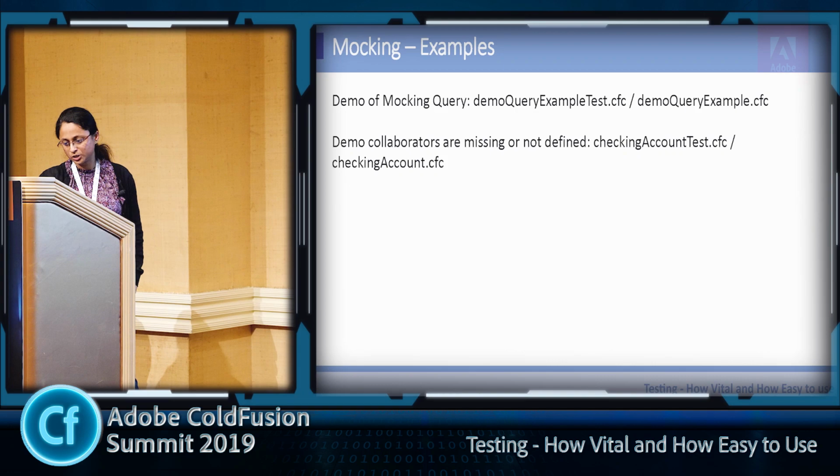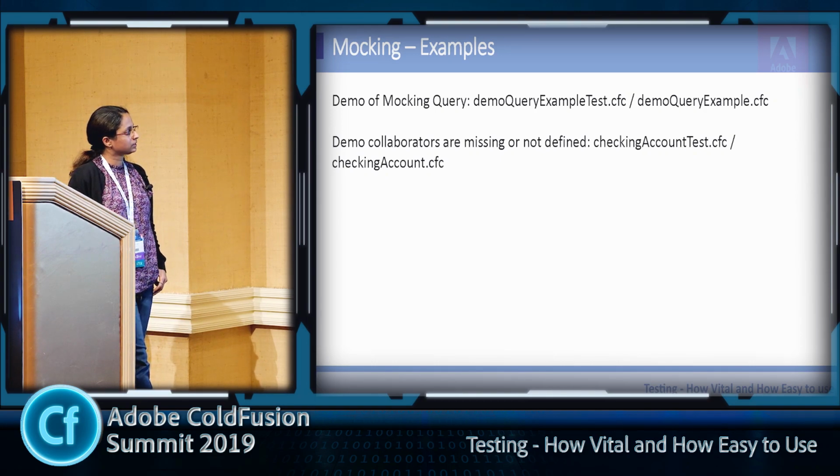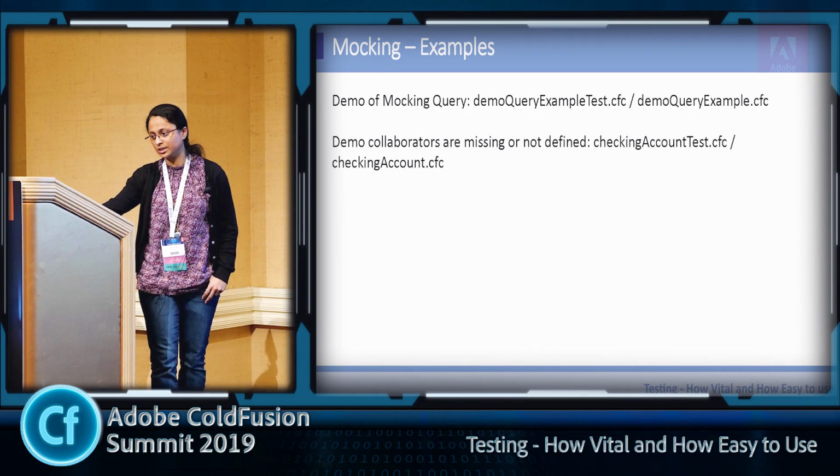So my ultimate balance should be $150. So what happens when I run this? That's the mocking example, and it passes. So that's the example of how you isolate your function when the collaborators are missing.